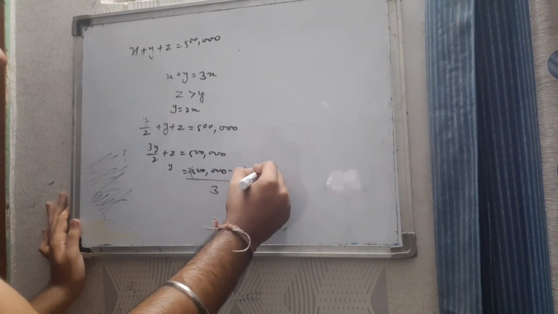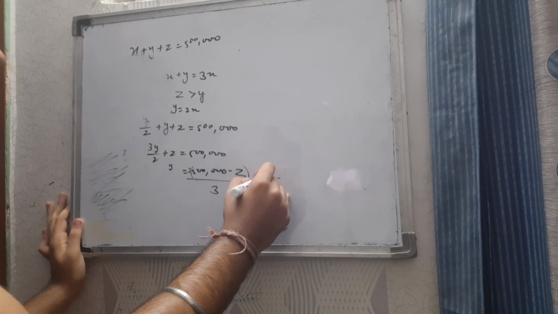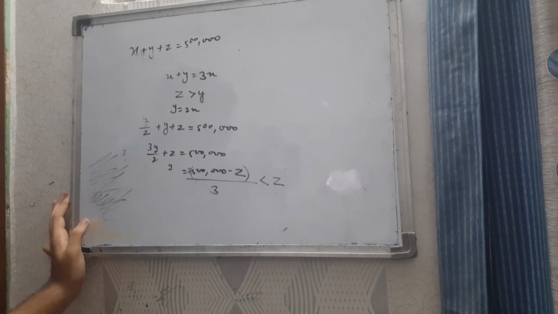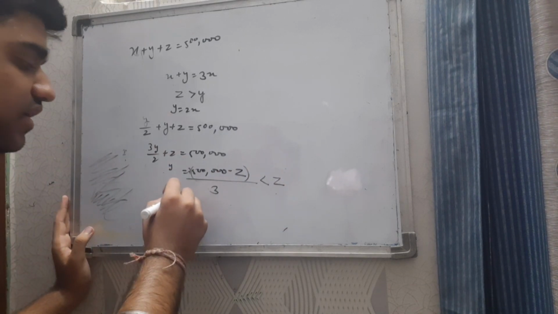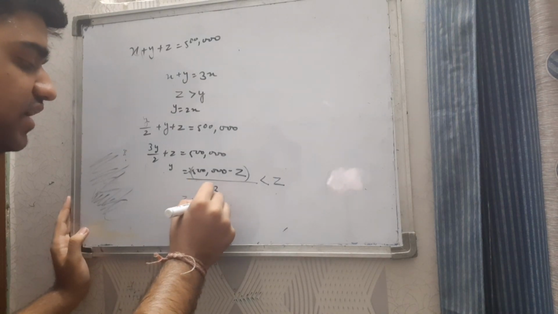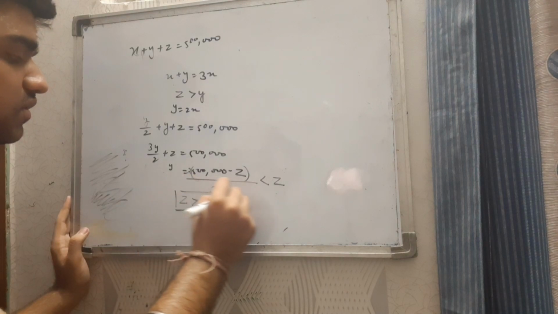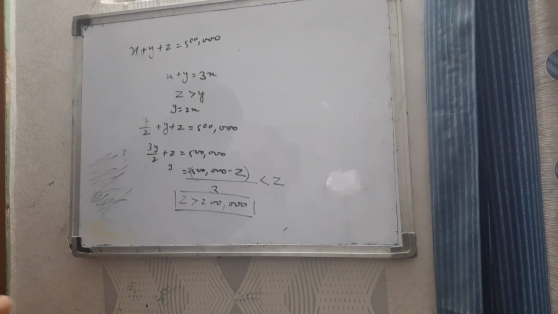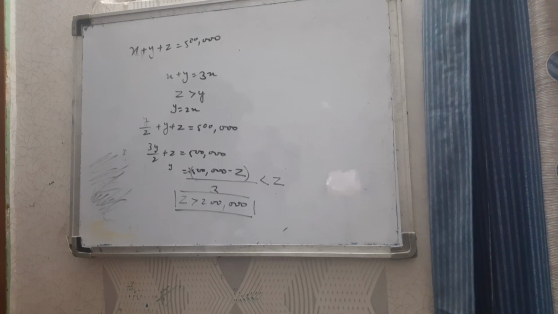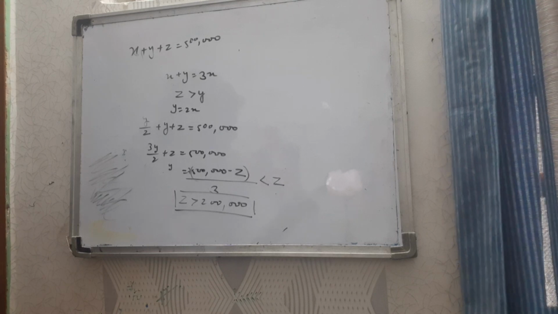So we write the equation like this. We got an inequality, and if we solve that, we get z is greater than $200,000. So both statements alone are not enough to answer the question, but together these statements are sufficient to answer the question.